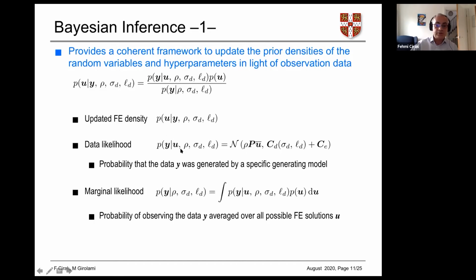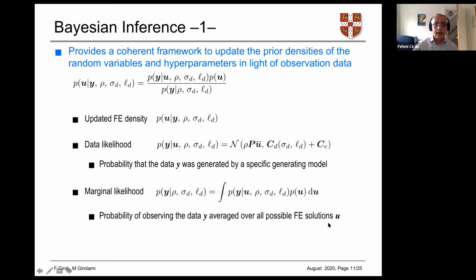In addition, we have a data likelihood term, which tells us, for given model parameters and finite element solution, what is the probability of observing certain data Y. And then we have a marginal likelihood, the denominator term, which is the probability of observing data Y averaged over all possible finite element solutions U.